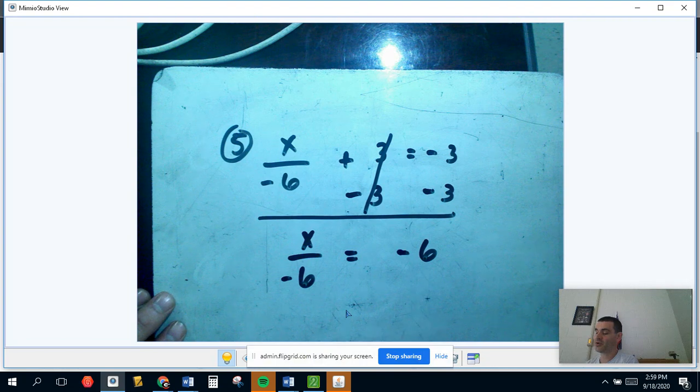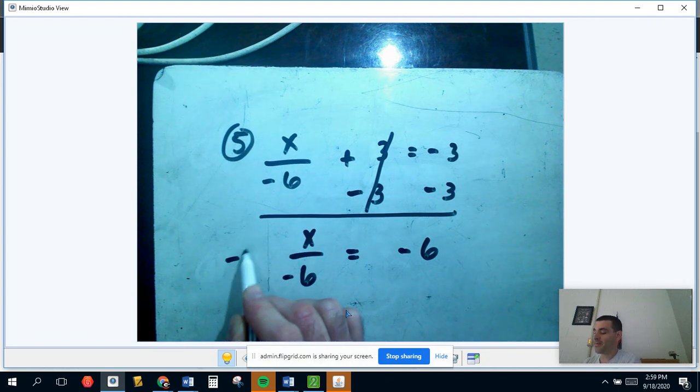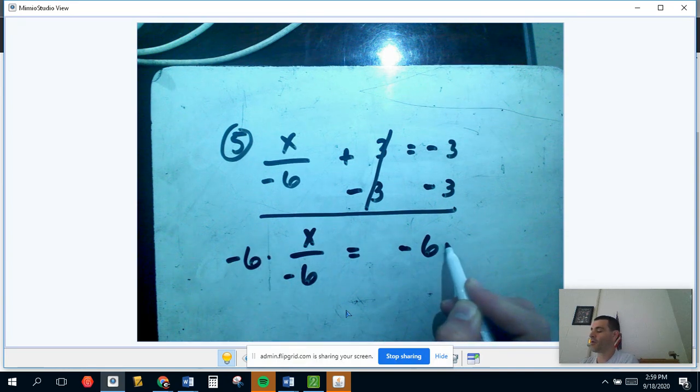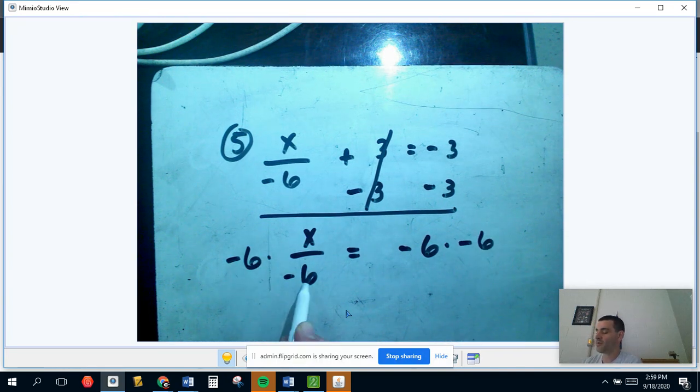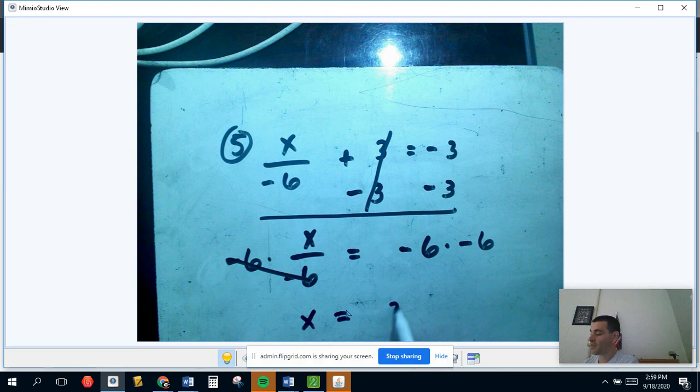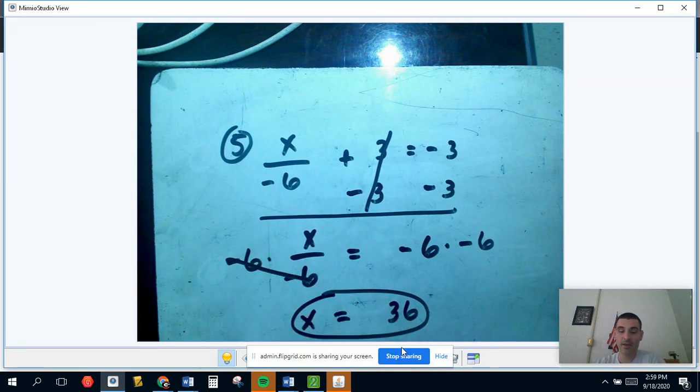So make sure you have that as negative 6. And then we're going to multiply by negative 6, just like before, putting one on top and one on bottom to make them cancel. And knowing here that negative 6 times negative 6 is 36. Again, it's called my solution because it's going to make the equation true. Solve an equation.